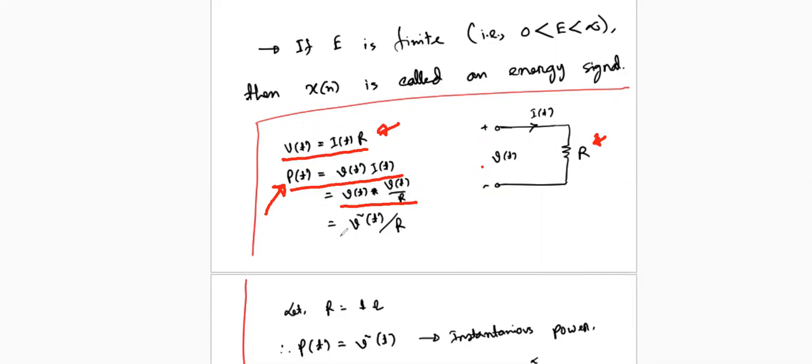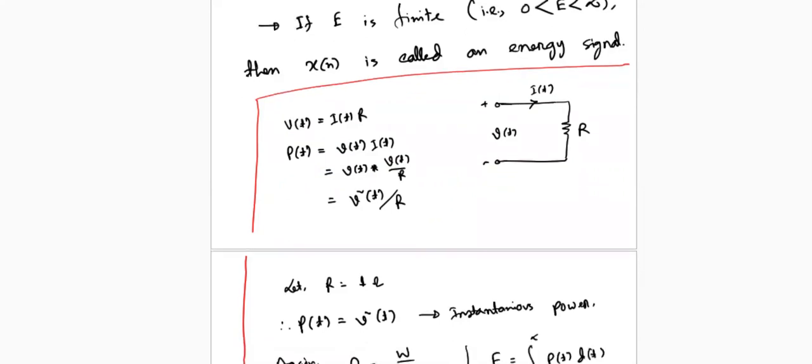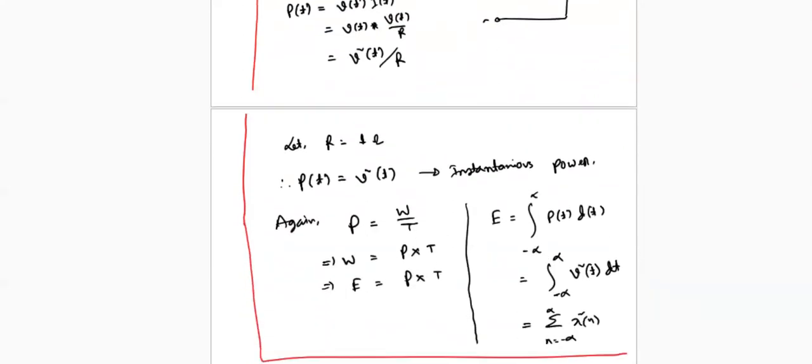From there we can write that the continuous, instantaneous power is equal to V square(t) by R. Here, if R is equal to 1 ohm, in that case we can write that the instantaneous power is equal to V square(t).